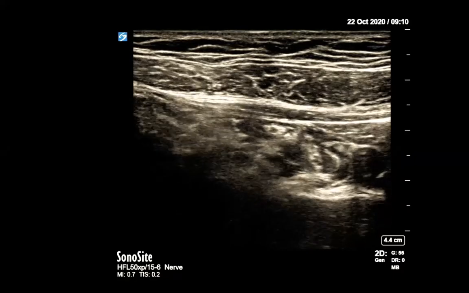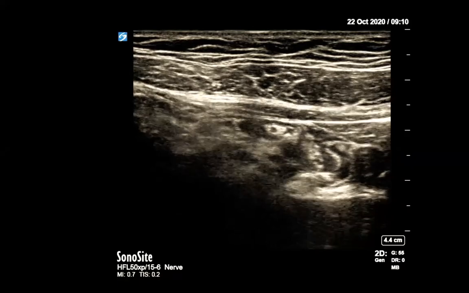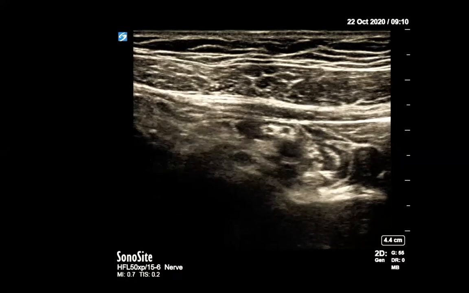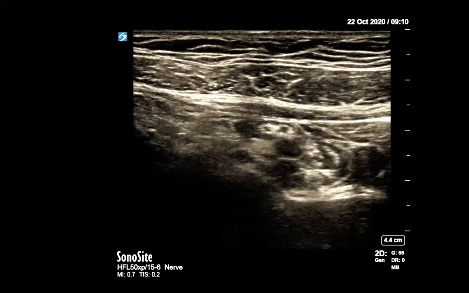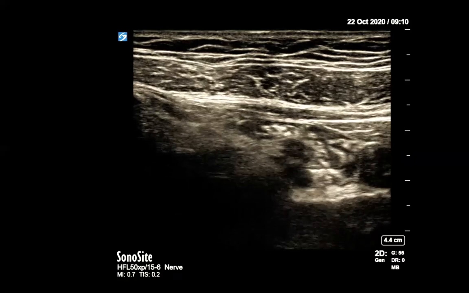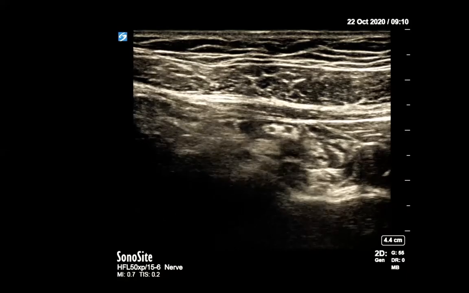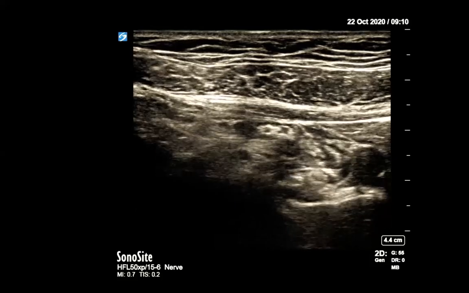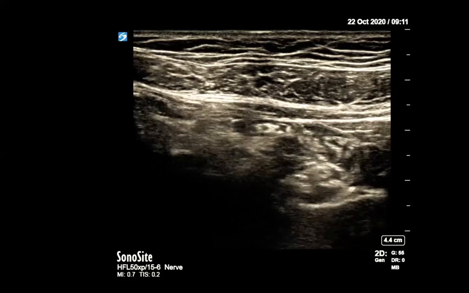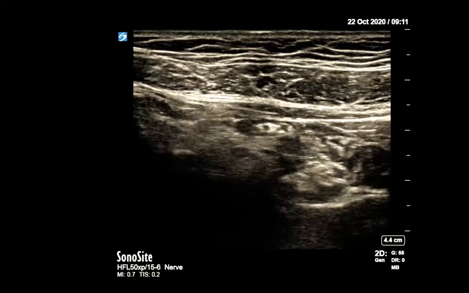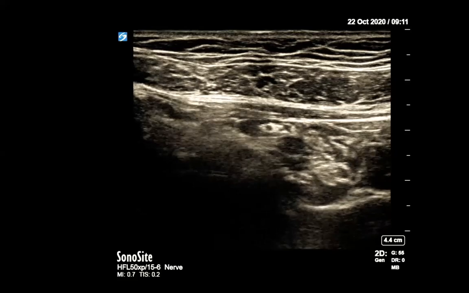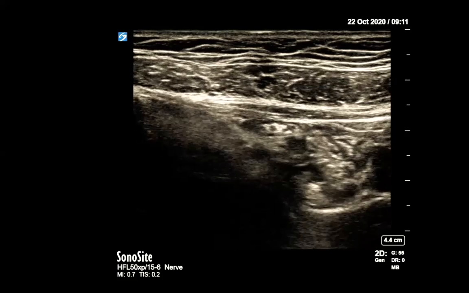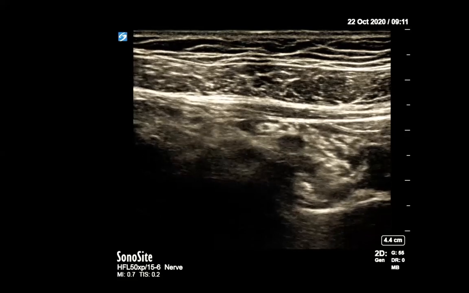Now the needle is being passed below the axillary artery and the local is injected around the posterior cord. A total of 15 ml of local anesthetic was deposited in the lateral infraclavicular area.